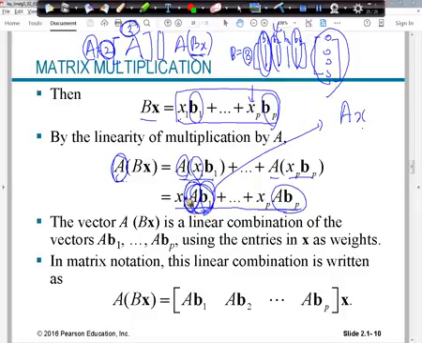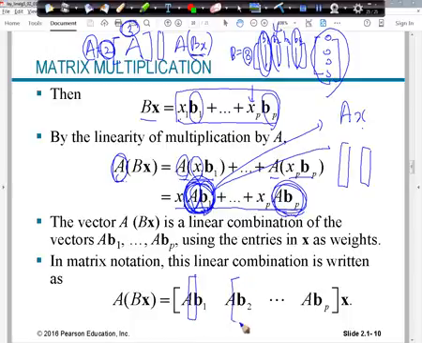Overall, A times B1 forms one column. So we obtain another column, and overall, by treating each of these as one single column, we can think about this one matrix, which is represented as a linear combination of these columns using those linear combination coefficients.